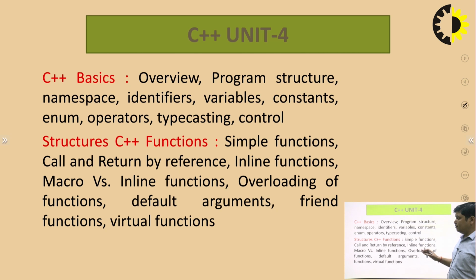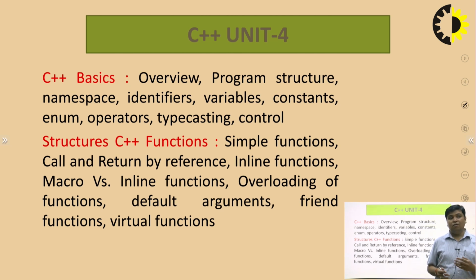Basically unit 4 is divided into two parts. The first part contains all the basic statements and basic elements of C++, and the second part of this unit contains all the functions.